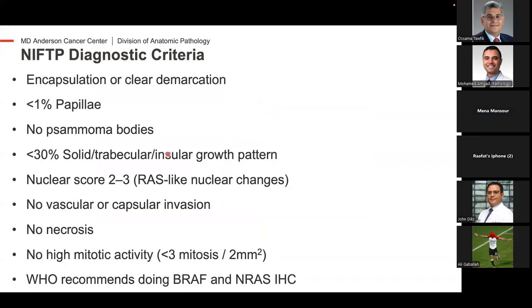For example, if you have some solid architecture, you shouldn't call it NIFTP, and the term encapsulated follicular variant of papillary thyroid carcinoma is used. Does that answer your question, Ali?